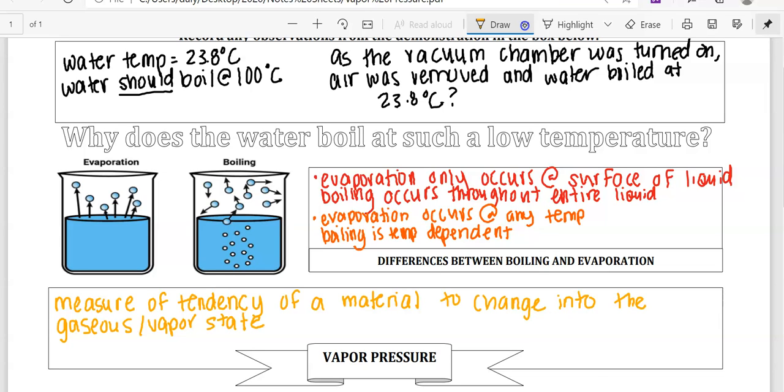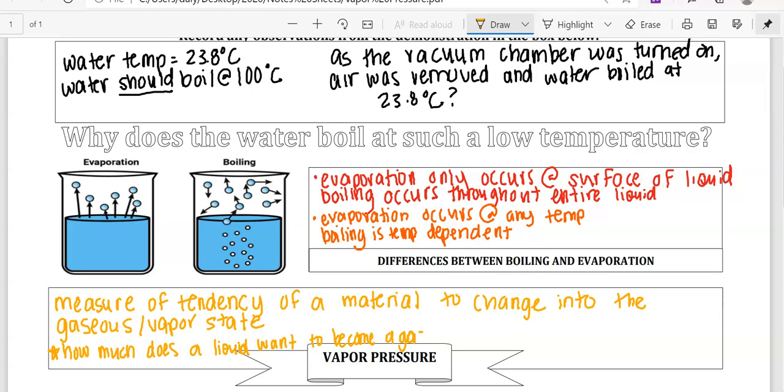Okay, and so I always like to define it like this, so I'm going to add this at the bottom: in my eyes, it's a measure of how much a liquid or a solid, I guess, wants to become a gas.